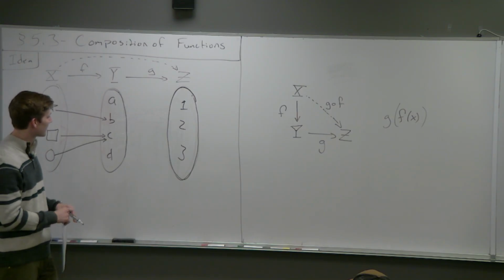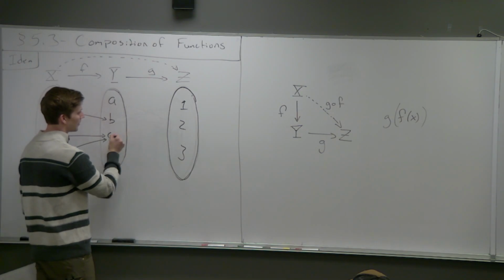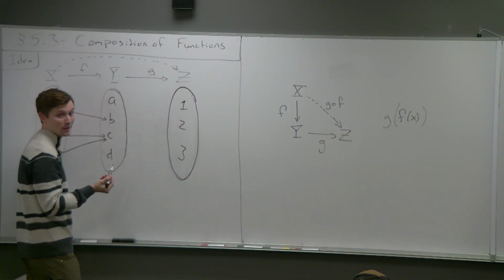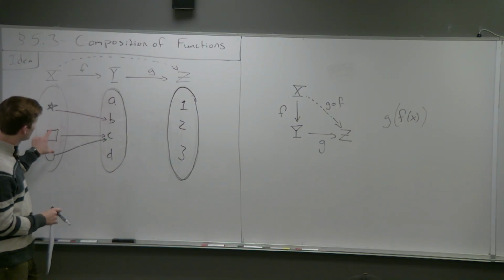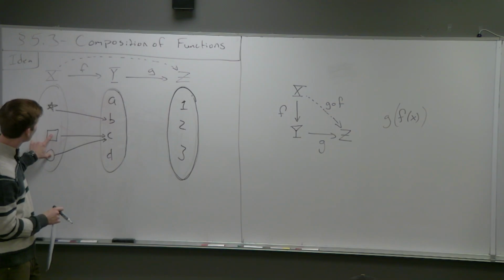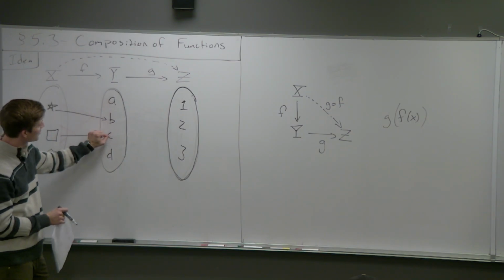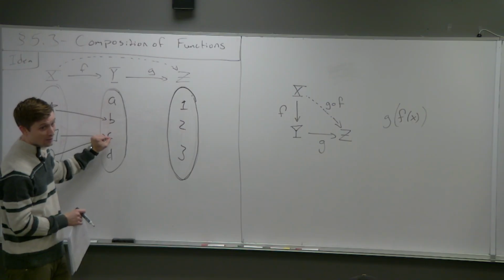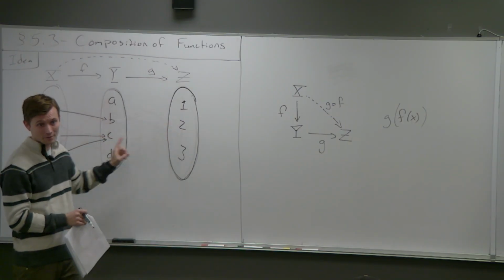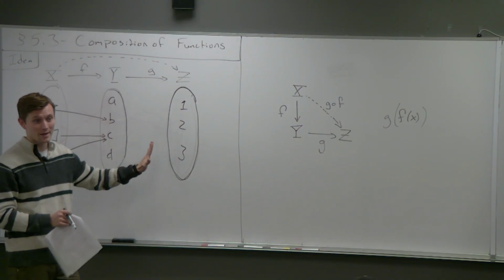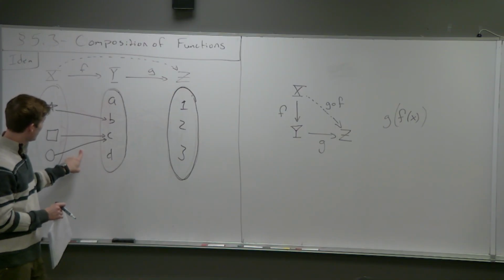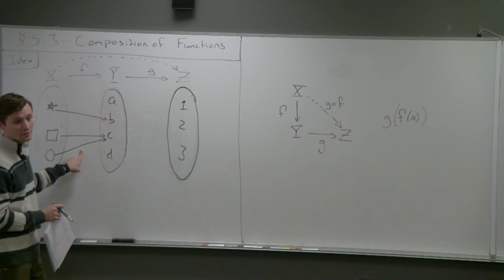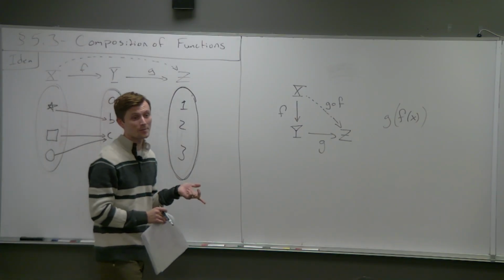And what that tells us is that no matter what C gets pointed at, which has to point at something if it's going to be a function, f is going to send 2 different things to C, and then G will send those things to something else. And so those 2 things will get sent to the same thing, right? So if the first function is not injective, there's no hope that the composition can be injective, right?